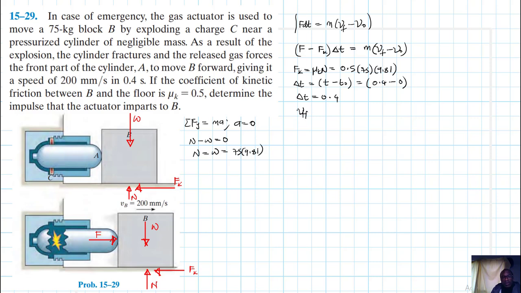Our v final is equal to 200 times 10 to the power negative 3, and our v initial is just equal to 0.